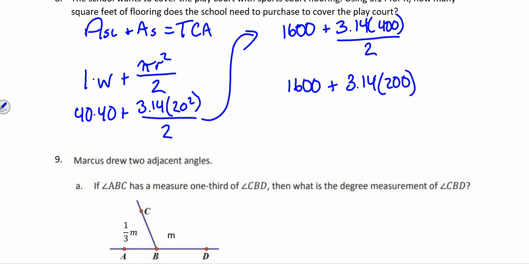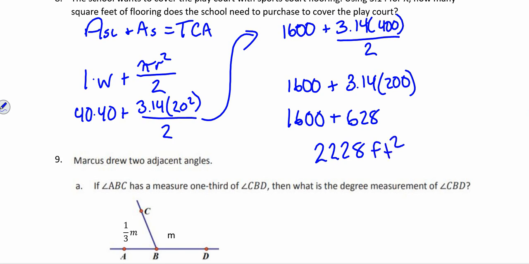That's where I got that. Well, 3.14 times 200 is going to give me 628. If you want to double check that, do 3.14 times 100, and then take that answer and multiply it by 2. You still get 628. So your area is 2,228 square feet. That's how much flooring they need in order to get the job done.